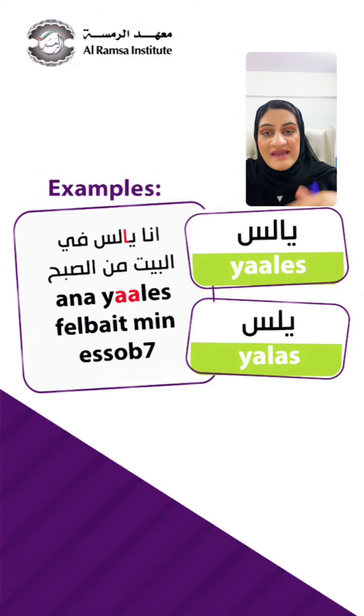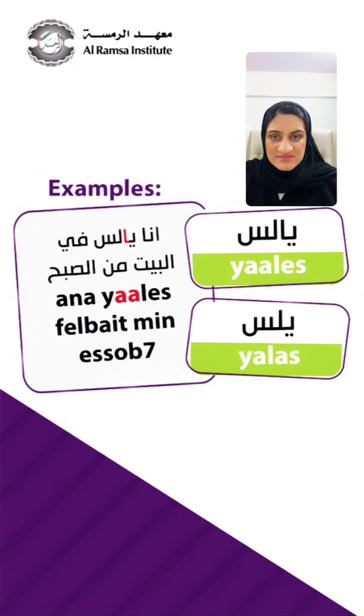I am at home since morning. أنا جالس في البيت من الصبح. أنا جالس. Or I have been sitting in the house since morning. أنا جالس في البيت من الصبح. Both is correct. Like it means I didn't leave the house.